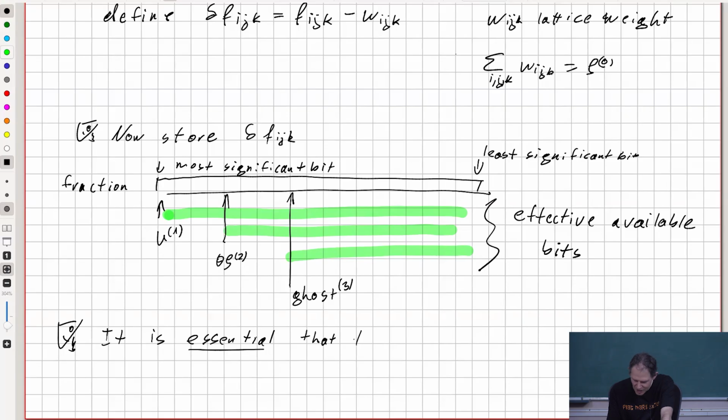It is essential that the well-conditioned state is preserved throughout all the calculations.